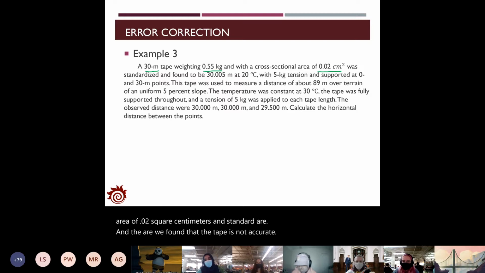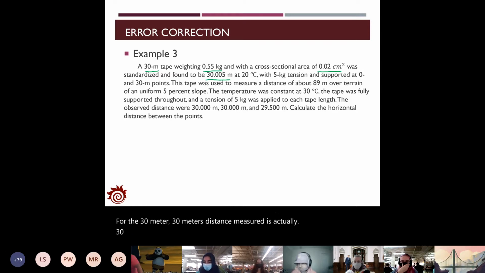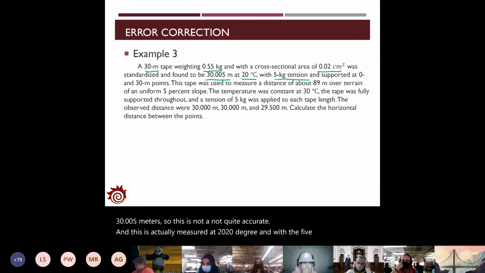For the 30 meters distance measured, it's actually 30.005 meters. So this is not quite accurate. And this is actually measured at 20 degrees, and with the 5 kilogram tension.